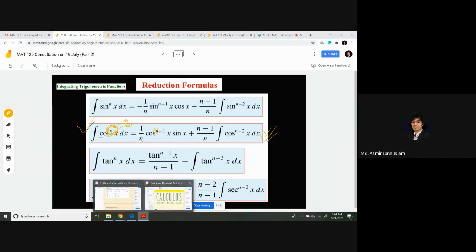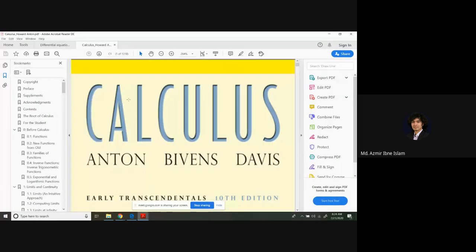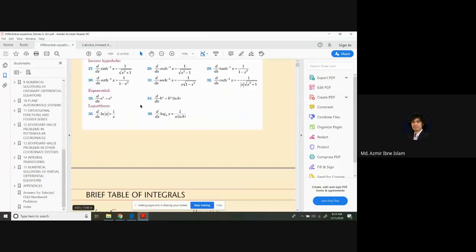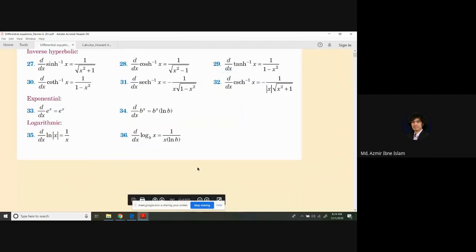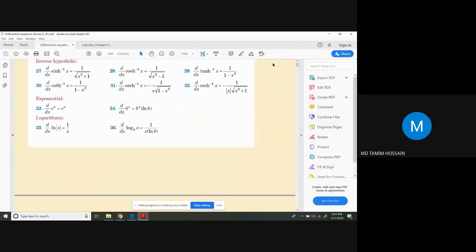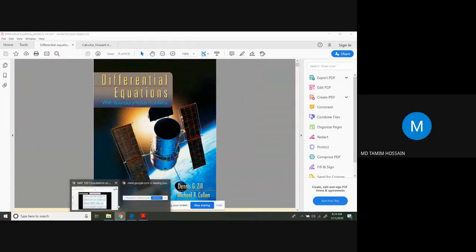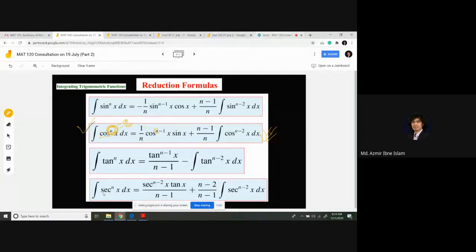I told you that you can download this book, Calculus by Howard Anton, the same book you used in your Math 110. And we also need differential equations, from the book by Dennis Zill. So these two reference books are helpful for this course.